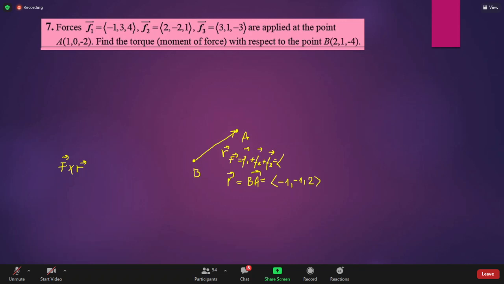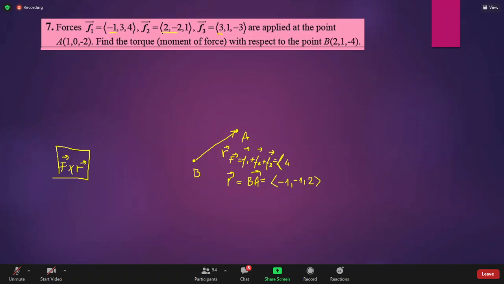This is not the most comfortable position. I didn't think about it earlier, but because we multiply F times R, if I write the two vectors horizontally, I would prefer to write them one below the other and in the correct order. So minus 1 and 2 and 3 added, minus 1 plus 5 is 4.